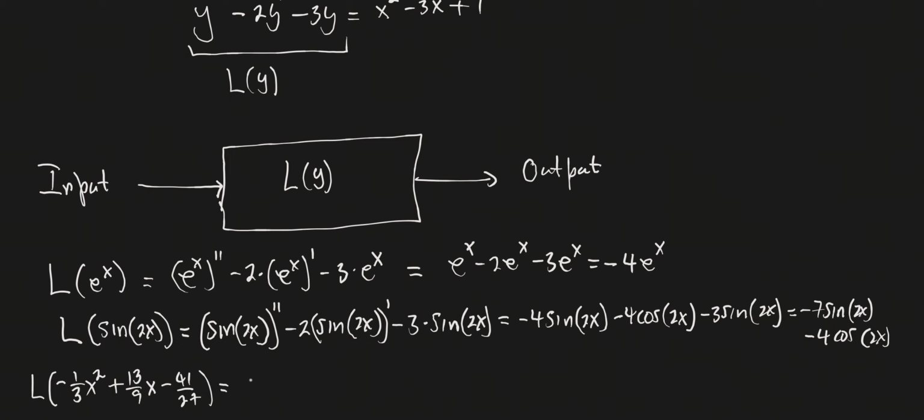It will take the second derivative of this, negative 1/3 x squared. So it's going to take the second derivative of this, so y double prime, and then it's going to take minus 2 times the first derivative of the same function that we're plugging in.